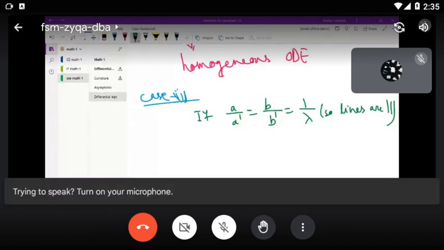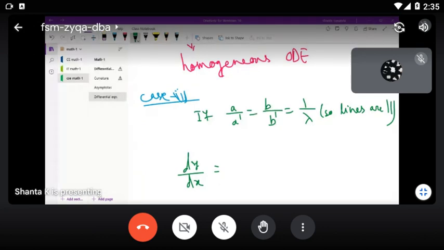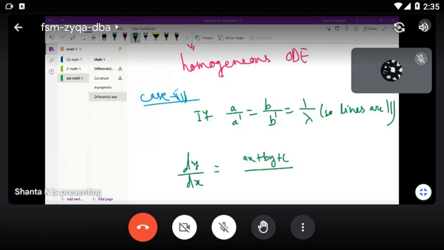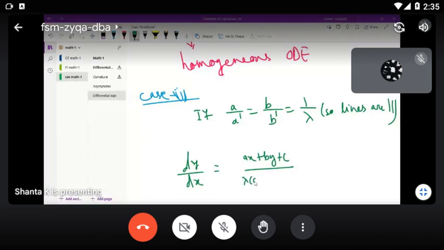Okay, so dy by dx will be lambda into (ax plus by) plus c.